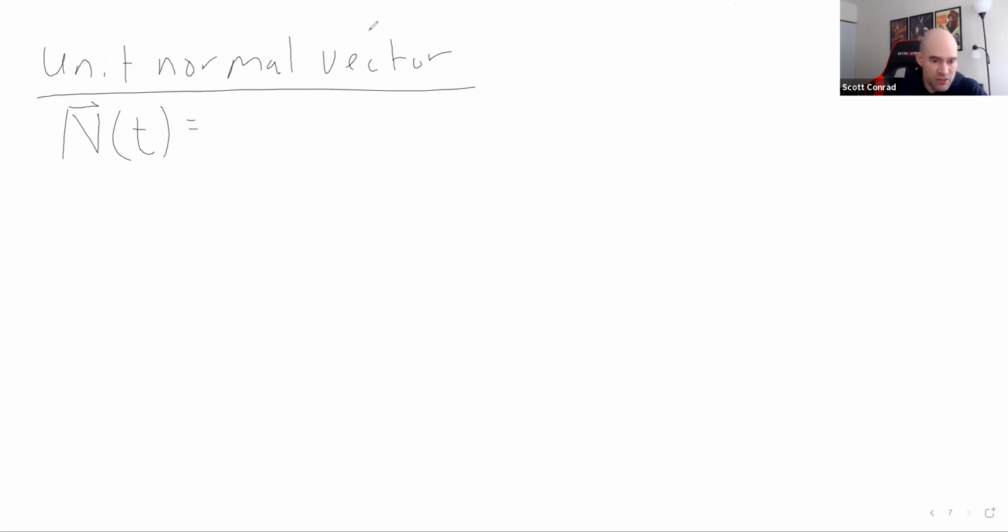The unit normal vector is just going to be: you take the unit tangent vector, take the derivative, and then you turn it into a unit vector by dividing by the magnitude. Okay, so from this formula, it's not immediately obvious what the relationship between the unit normal and unit tangent vector is geometrically. But note the following.